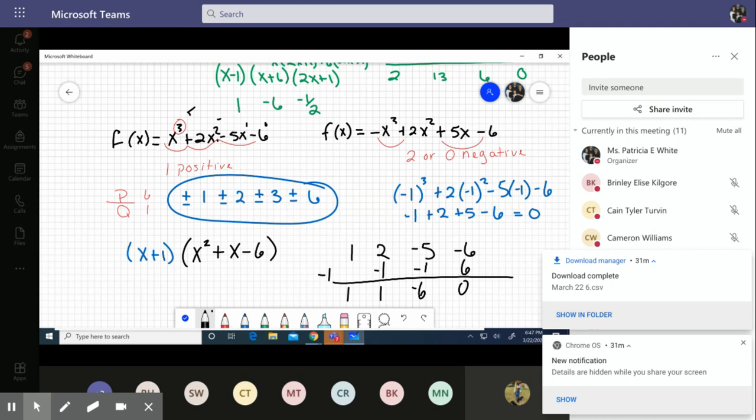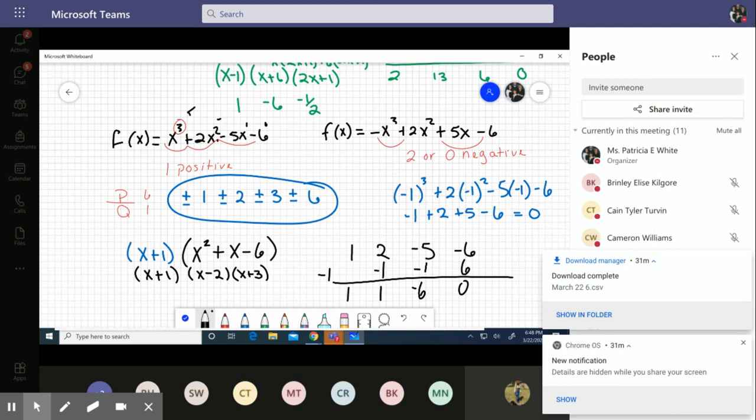What does this factor to? 3 and negative 2. So x minus 2, x plus 3.